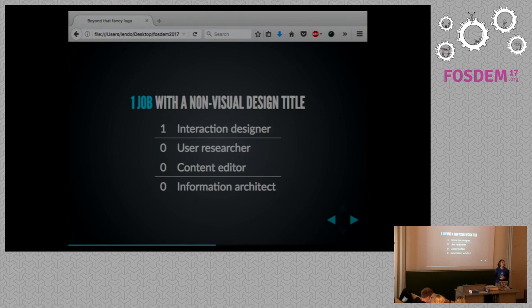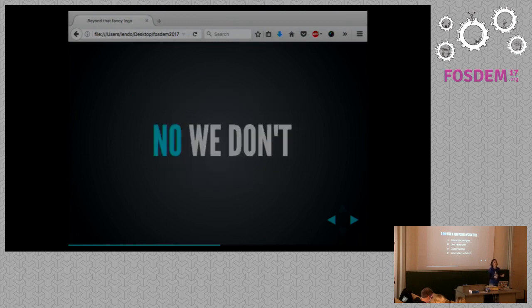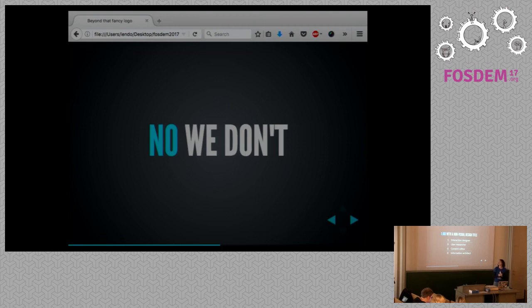So we look at the jobs and we accept that those jobs are a fair representation of what is happening in design in the world of free and open source software. We must conclude that no, we are not paying attention to the non-visual aspects of design. We are not paying attention to the users, to the content, to the structure, to the behavior of our software.